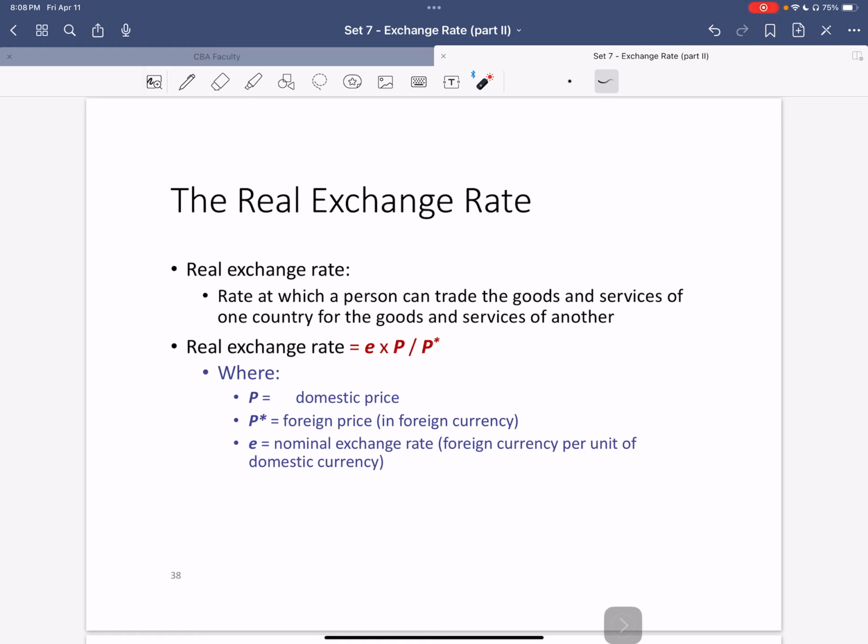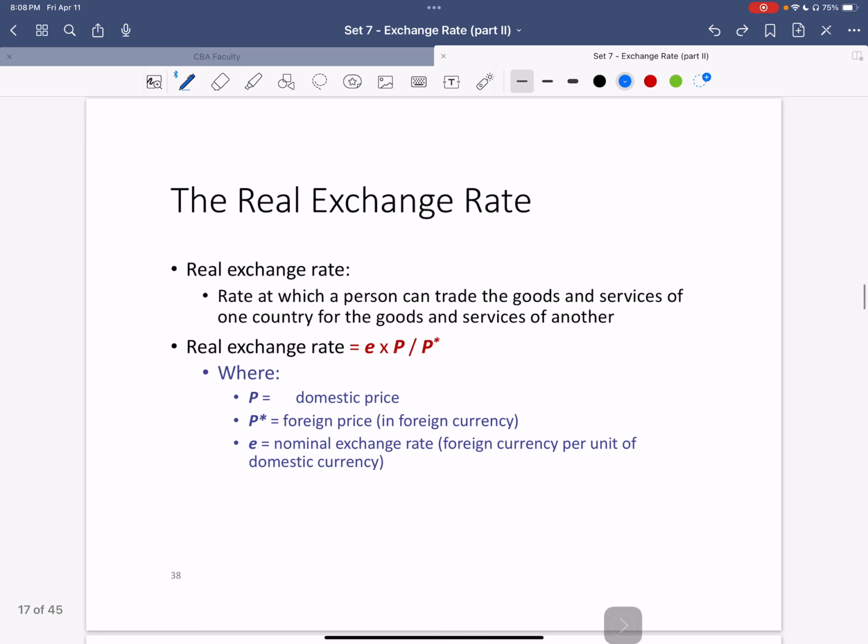Real exchange rate is equal to nominal exchange rate times the level of the prices, domestic prices, and the level of the prices in the foreign country.